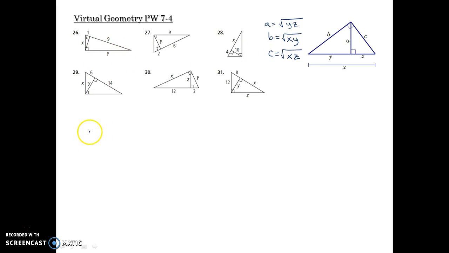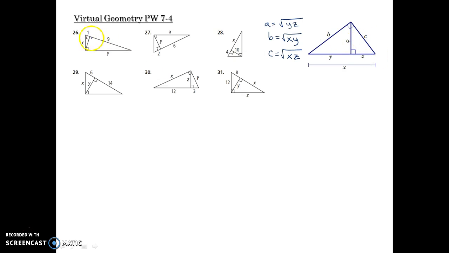And then I'm going to show you another way where you might not have to remember all the theorems. But I'll show you one like this first. So number 26, we want to find X and we want to find Y. X in this case is like this leg here, and the leg is the geometric mean of the big hypotenuse and the little part of the little hypotenuse segment.